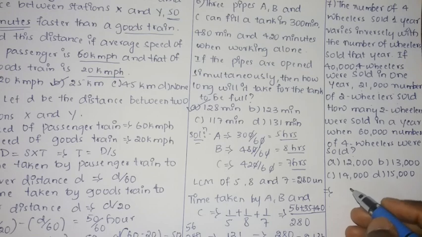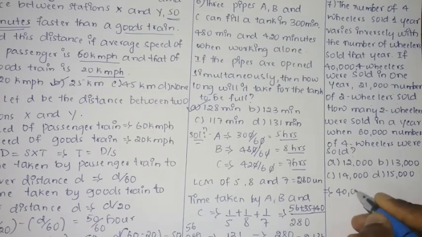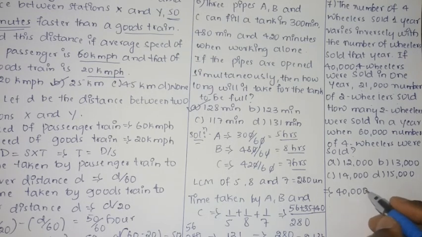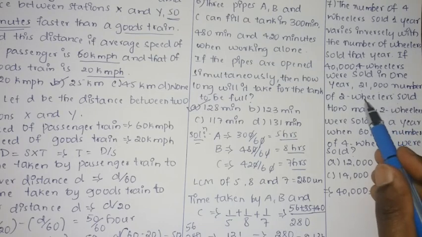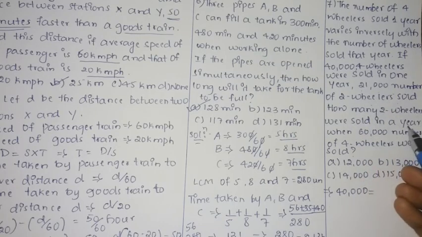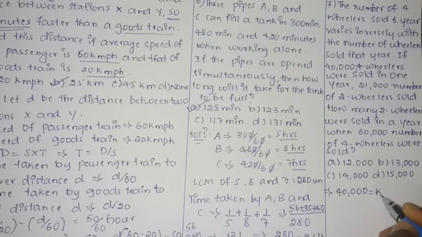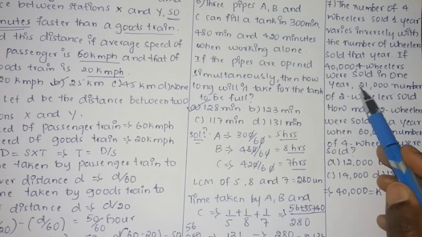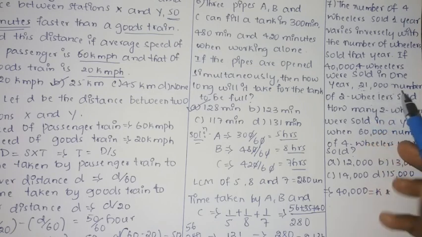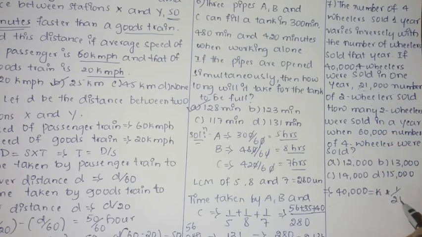So first thing is that they have given 40,000 4-wheelers, which is equal to, with the 2-wheelers sold in a year we shall consider as K, then into 1 divided by 21,000.